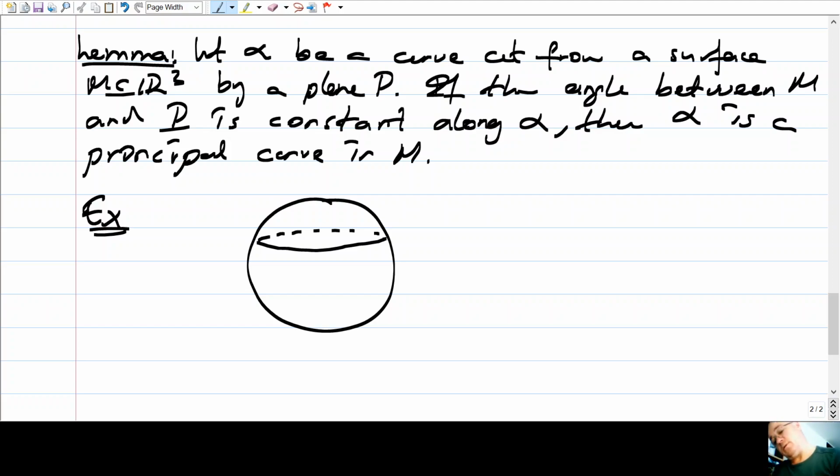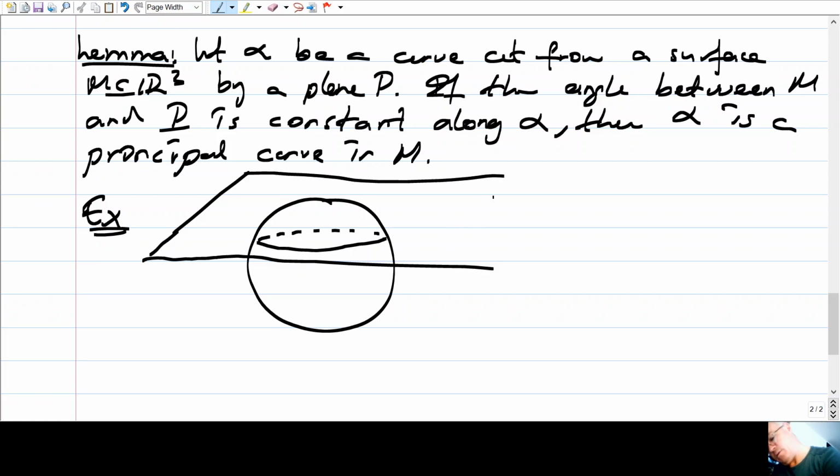The angle between the plane and the surface, at a point like this.